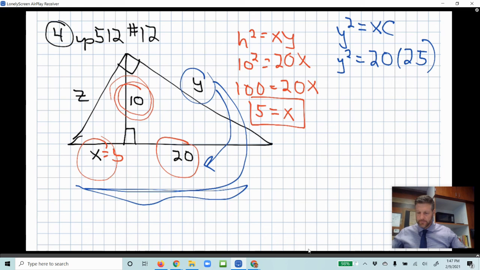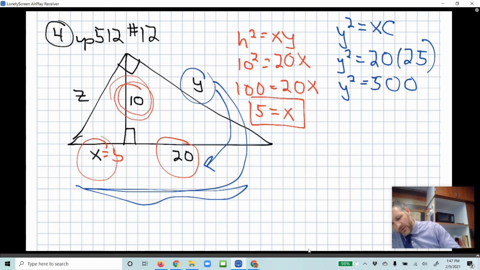Make sure we have that right. Yes. Then we multiply that together. 20 times 25, you're going to get y squared equals 500. Then we just need the square root of 500 to give us y. Y equals the square root of 500.